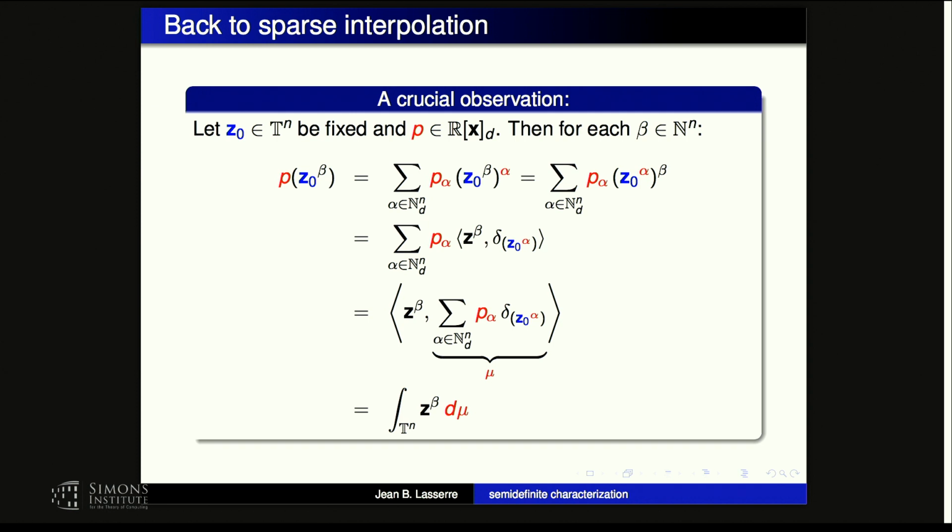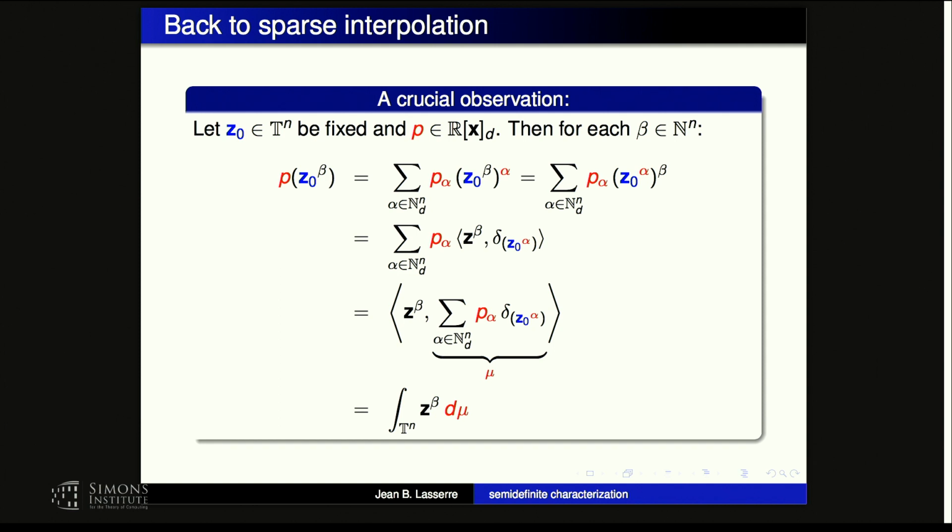How do you do that? You fix a point z0 on the n-torus, fix z0 once and for all, and let P be your unknown polynomial. Then suppose you evaluate P at the point z0 to the power beta. It is exactly equal to the sum over alpha of P_alpha z0^(beta alpha), by definition of P. But the idea is that you can interchange alpha and beta, so it is equal to the sum of P_alpha (z0^alpha)^beta.